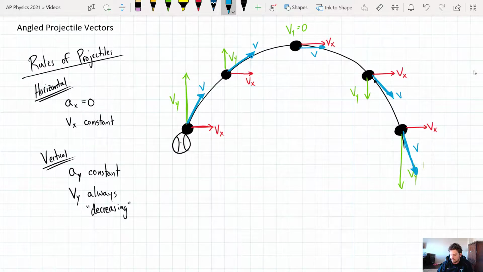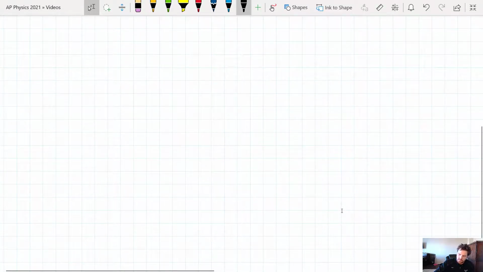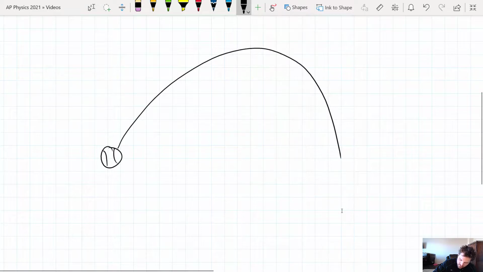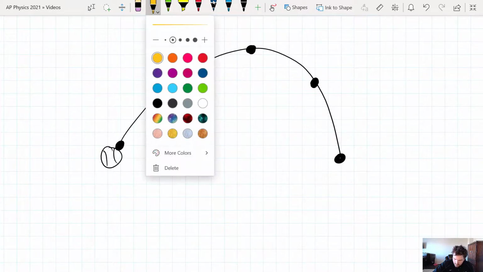Let's say I take this same thing, but I want to talk about acceleration. So we have our ball, goes up, comes down. I got a few points along the way that I want to take a look at. And I want to know at these different points, what is the acceleration vector doing? Well, the acceleration vector, let's get crazy.